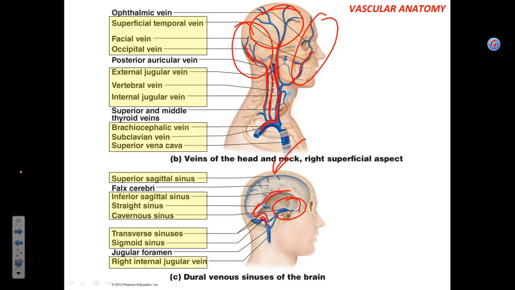Sigmoid, S-shaped, and they all drain into the internal jugular vein. So basically that poor mouse that had both jugulars blocked probably had a pretty lousy drainage of the blood from the head.